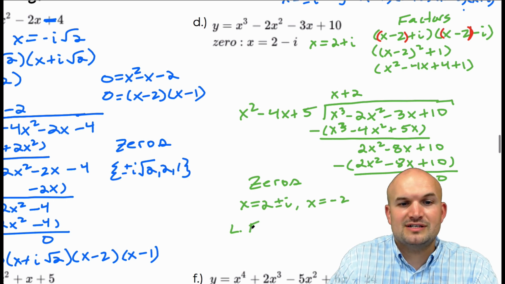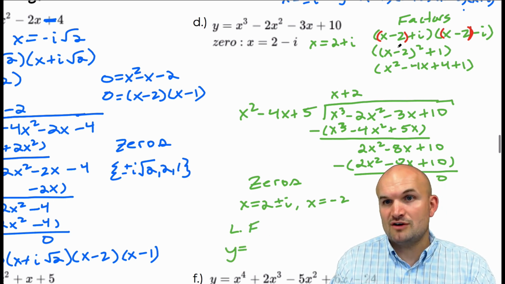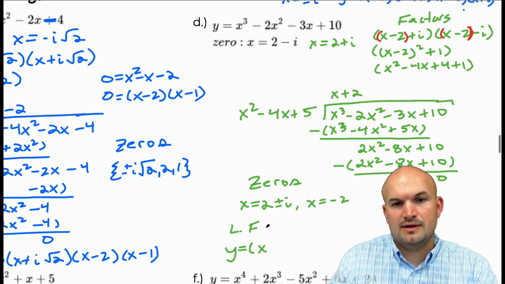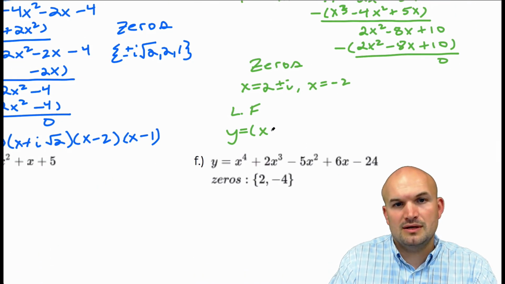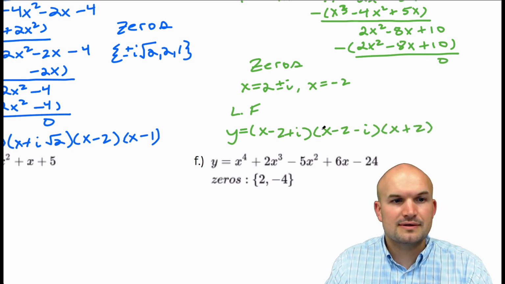Now my linear factorization would be y equals, and we can just write these as our factors. So x minus 2 plus i times x minus 2 minus i, and then times x plus 2.